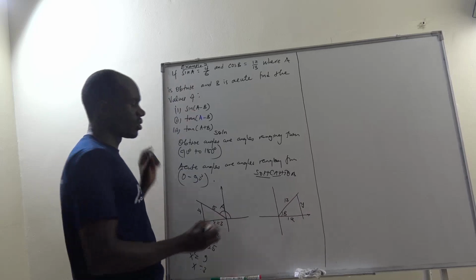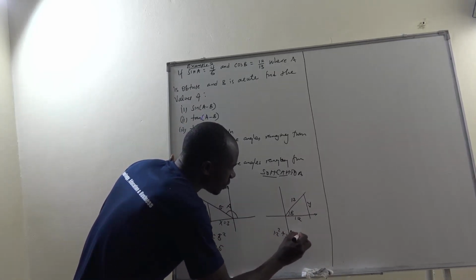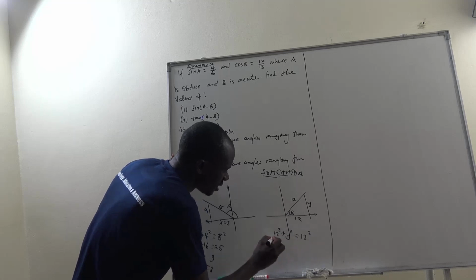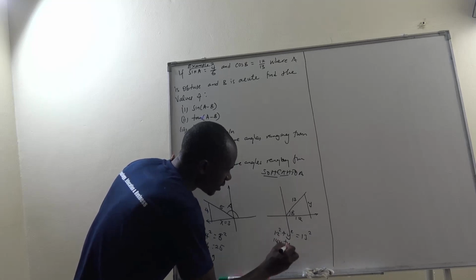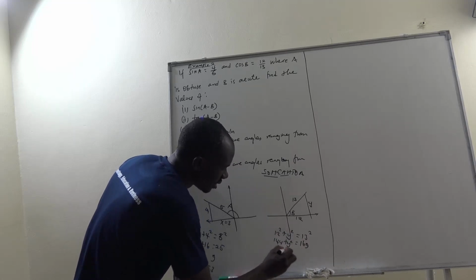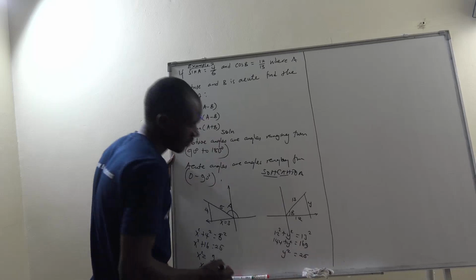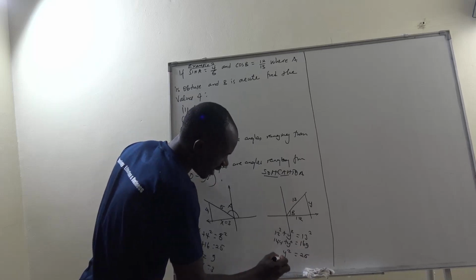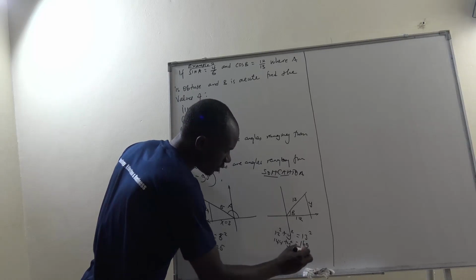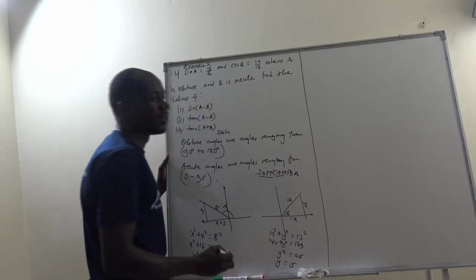Still from Pythagoras theorem, I'm going to say 12 squared plus y squared equals 13 squared. This is 144 plus y squared equals 169. So y squared becomes 25. So what is y? Do you know the square root of 25? The square root of 25 is already 5.